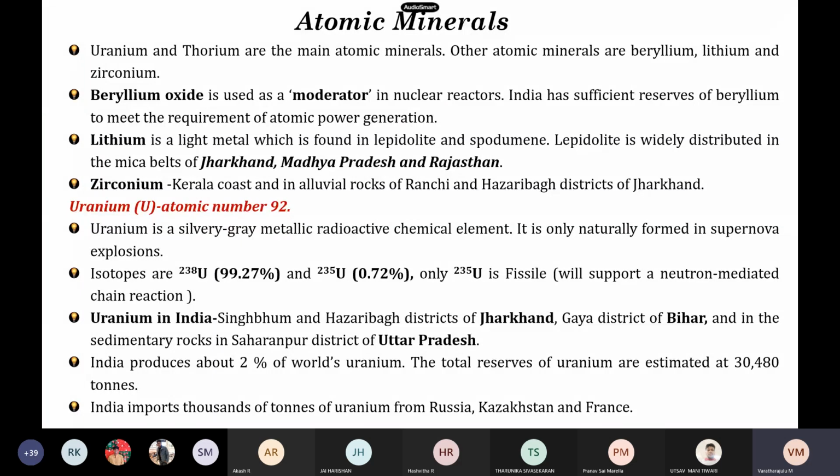Yes, and some other atomic minerals are detailed here, and the sources of the atomic minerals are also detailed. In Jharkhand, Bihar, and Uttar Pradesh, we have uranium, and India produces about 2% of the world's uranium. The total reserves of uranium are estimated at 30,480 tons, and India imports thousands of tons of uranium from Russia, Kazakhstan, and even France, as you see here.